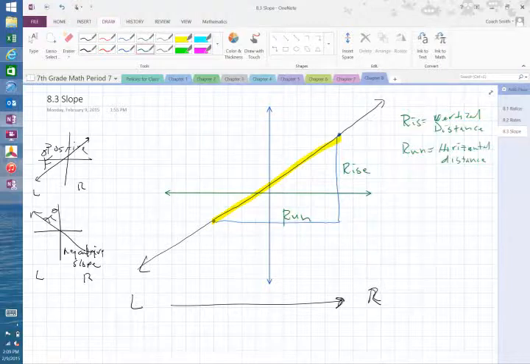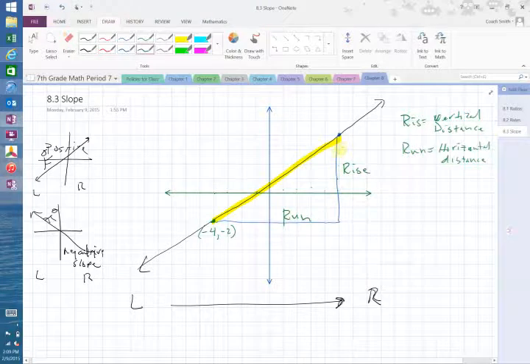Okay, now, what our points are is this point right here. That point is 1, 2, 3, 4, so that is -4 and -2. That's what the coordinates of that point are. Our other point is 1, 2, 3, 4, 5, and 1, 2, 3, 4, so the coordinates of it are 5 and 4.